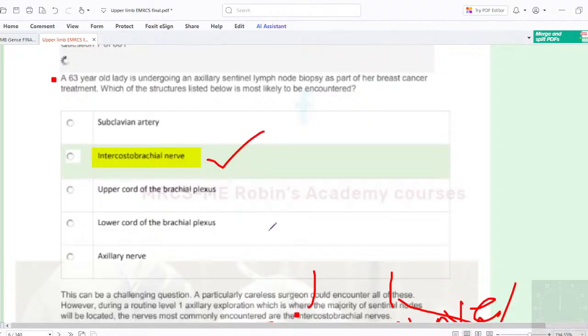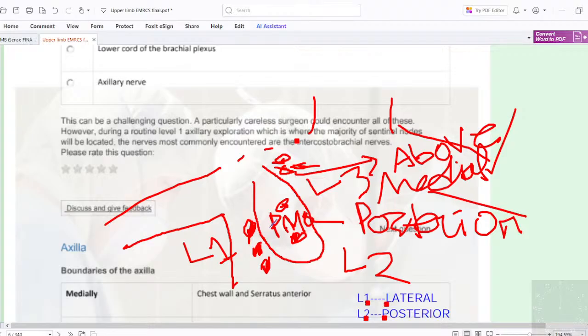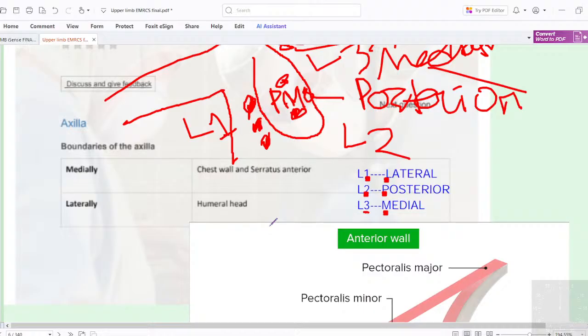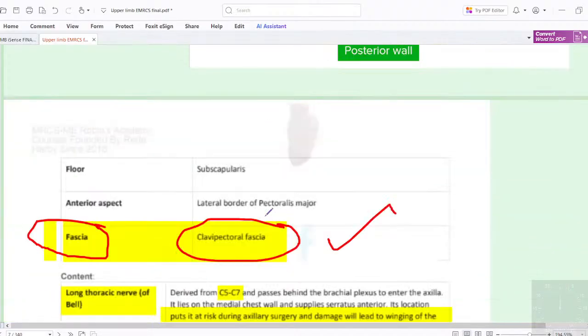The boundaries of the axilla are not important, we can just have a look. That is important.